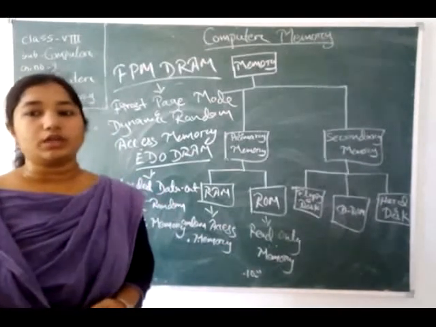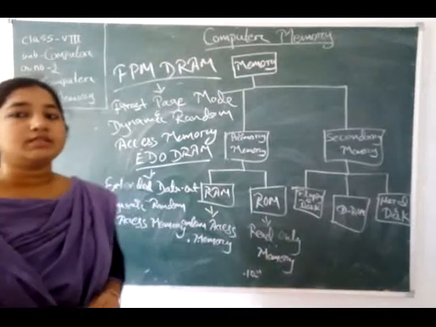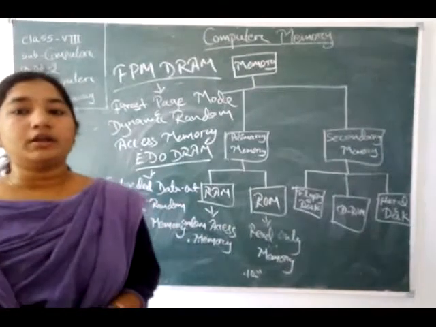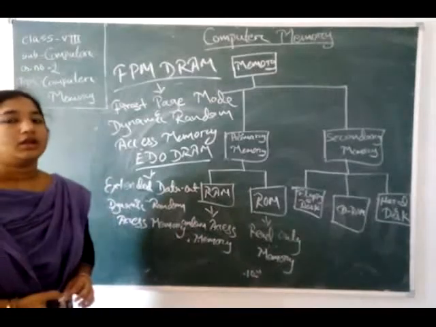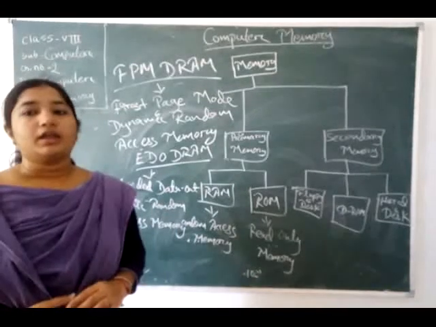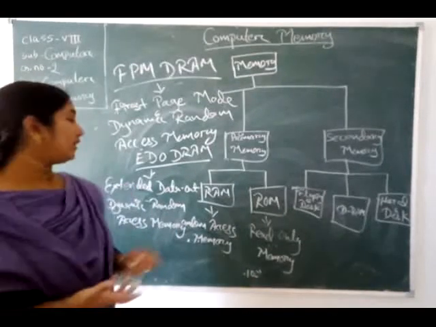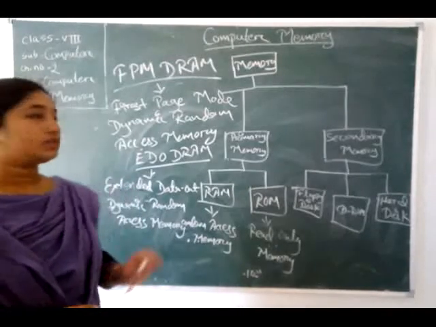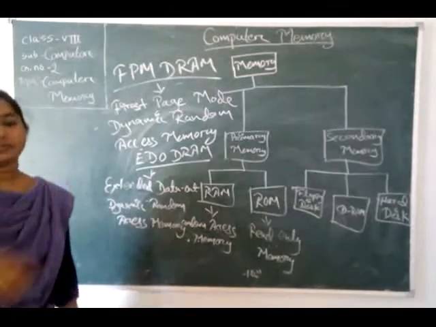It starts looking for the next bit. Means it doesn't wait for anything, and it addresses the first bit. When the first bit is located, it again starts looking for the next bit. So this is the work of EDO DRAM.